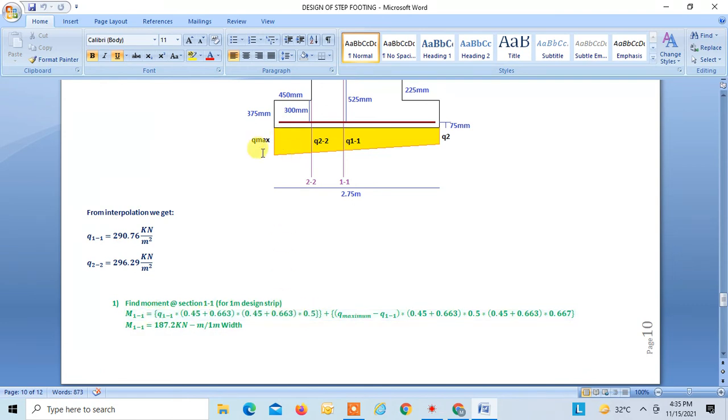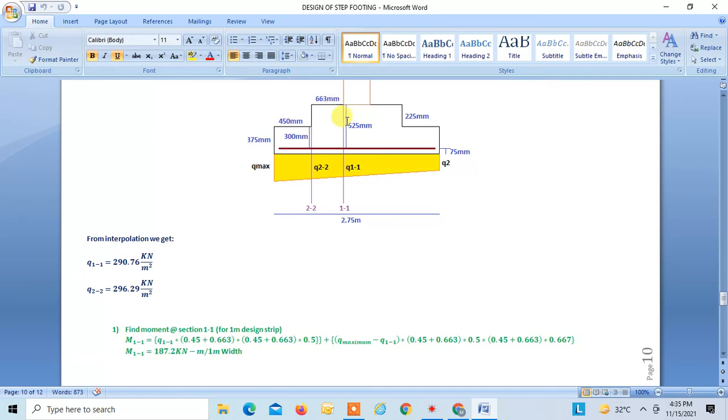And for this triangular portion you will get this formula. So you get finally the moment at the face of the column, equal to 187.2 kilonewton meter per 1 meter width. We are taking design strip as 1 meter, right?